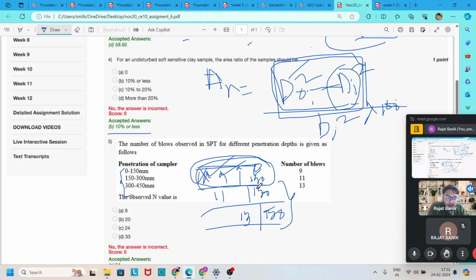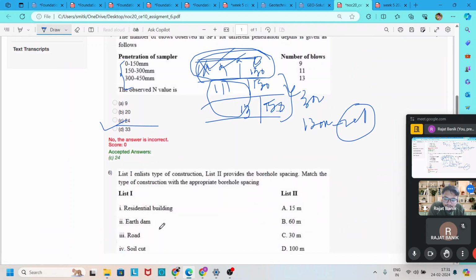So if we add 150 and 150, it becomes 300 mm. So we should add the SPT numbers 13 plus 11, so it becomes 24. So our correct answer is option C, which is 24.